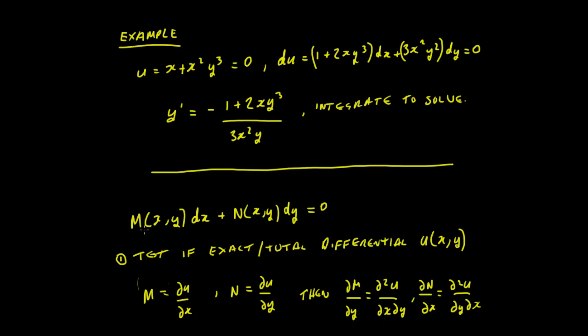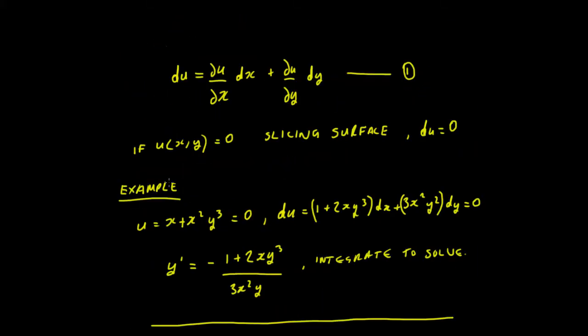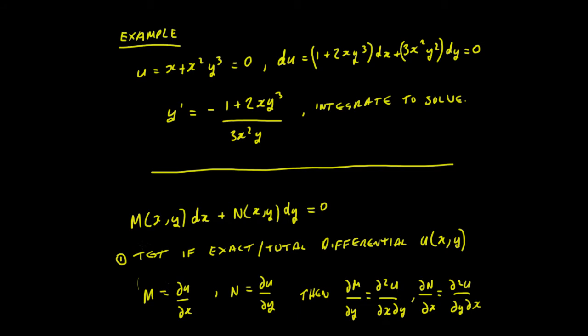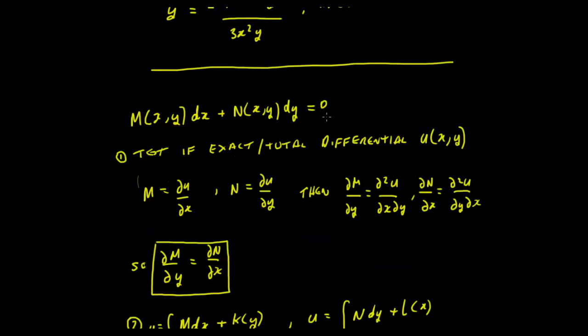Let's say we had a function M of x y dx plus a function N of x y dy equals 0. In this instance the M of x y and the N of x y will be given by partial u by partial x and partial u by partial y. Now we're going to test whether it is in fact an exact or total differential form.